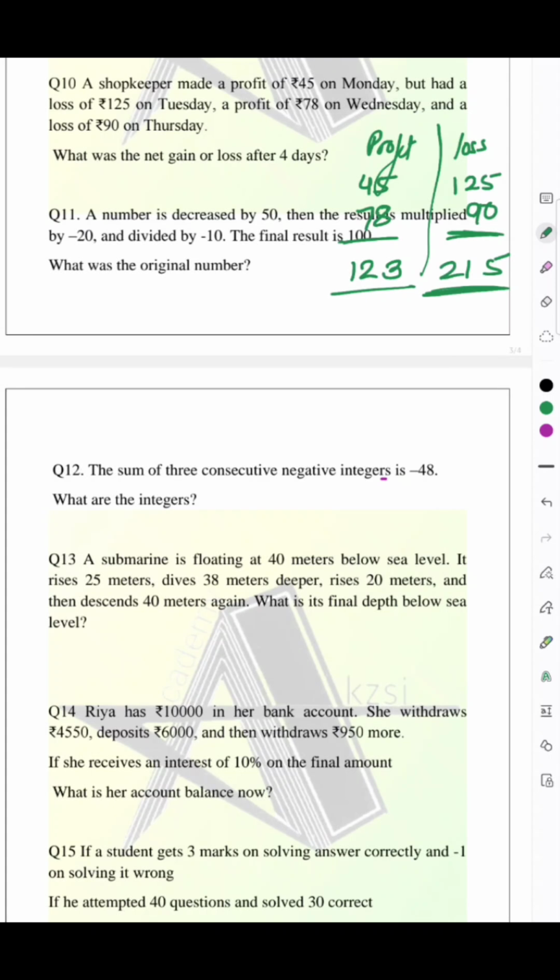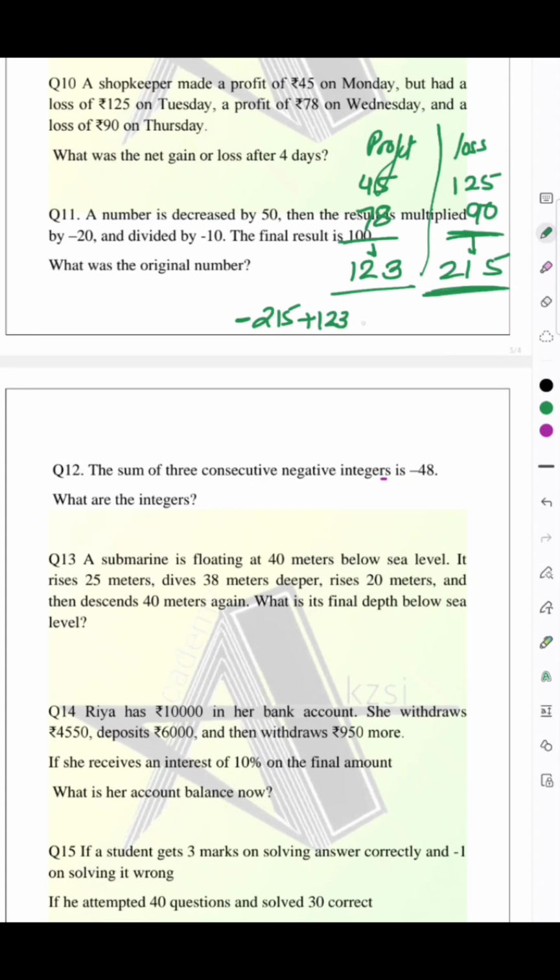And now we have to find the net gain or loss. Obviously the loss is more and the profit is less. So we just have to add them up, or if we are not using the negative sign, we just have to subtract.